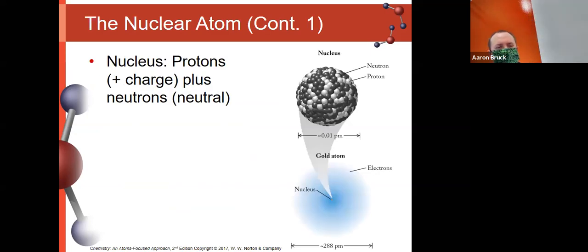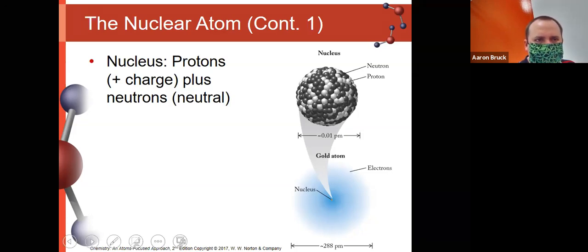And just to give you a little bit of an idea of perspective, this is a representation of the gold atoms that would have been found in the gold foil experiment. And you can see that little tiny dot here in the middle of that atom, that is your nucleus.